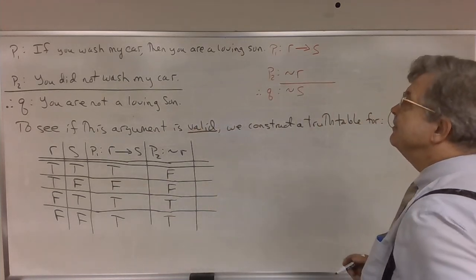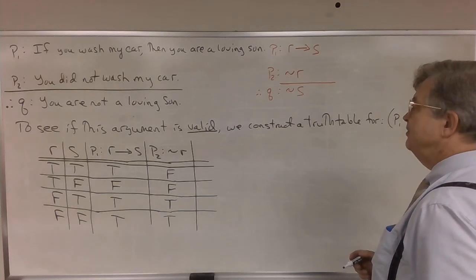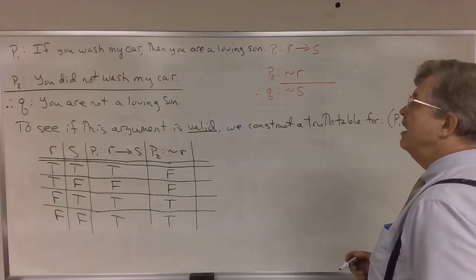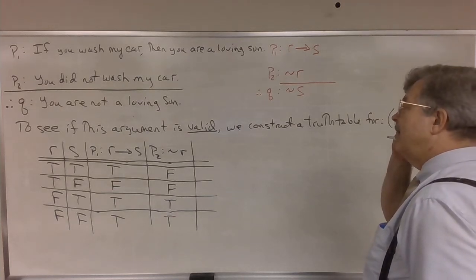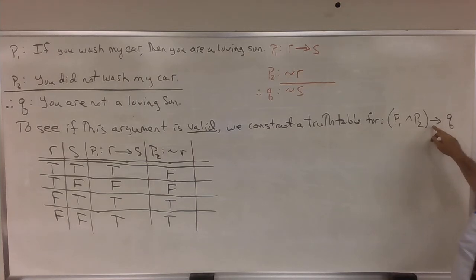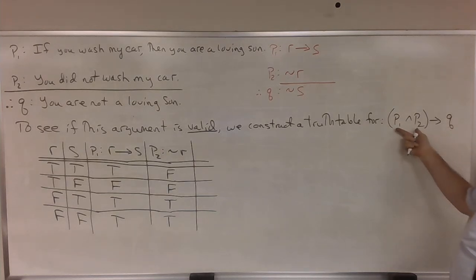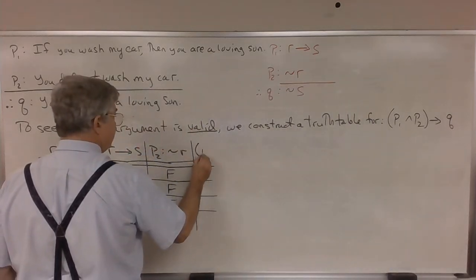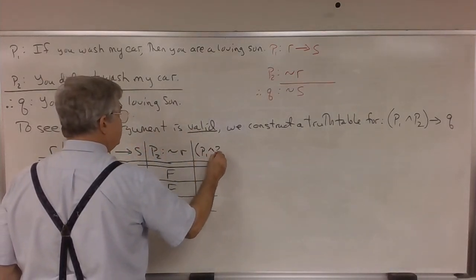So there's P2. And our argument is of the form P1 and P2 implies Q. Okay, so I guess I need to get the conjunction of P1 and P2, right? P1 and P2.